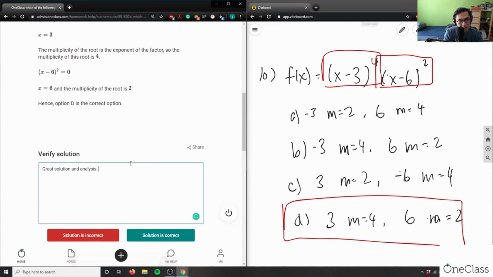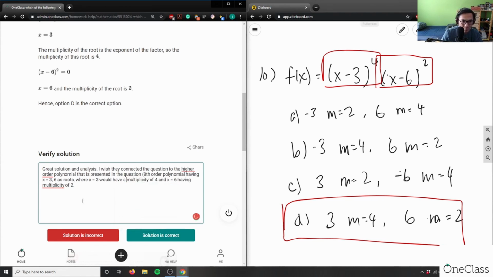In my analysis, I wish they had connected the question to the higher order polynomial presented in the question, and this would have been an 8th order polynomial having x equals 3 and 6 as roots, where x equals 3 would have multiplicity of 4, and x equals 6 having multiplicity of 2.